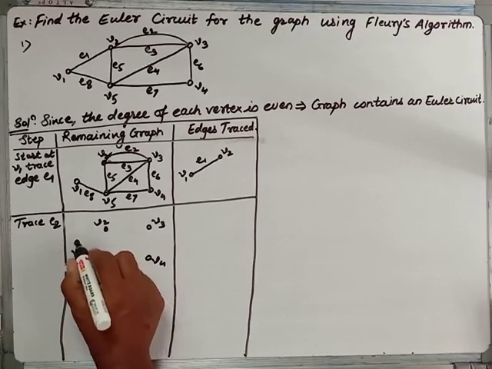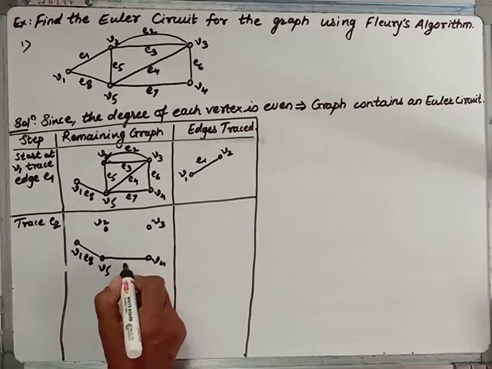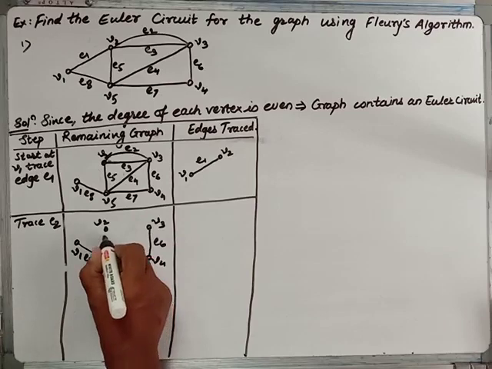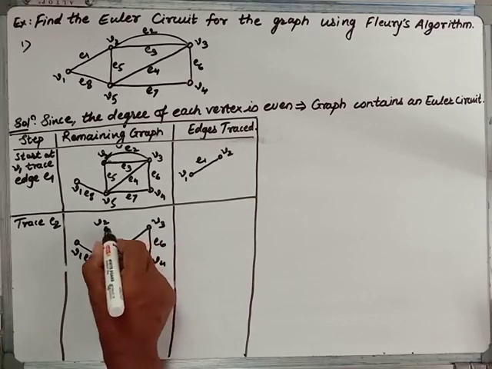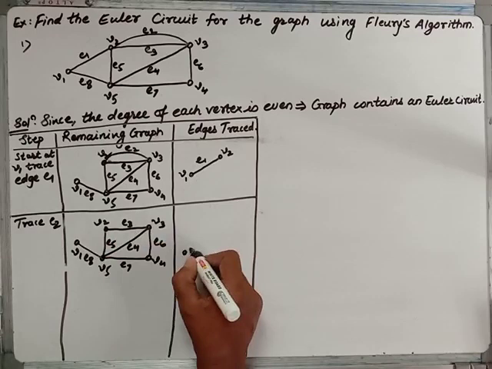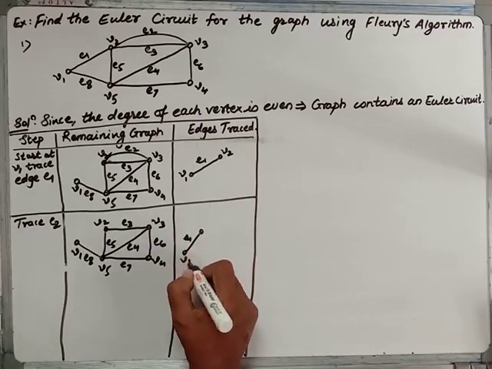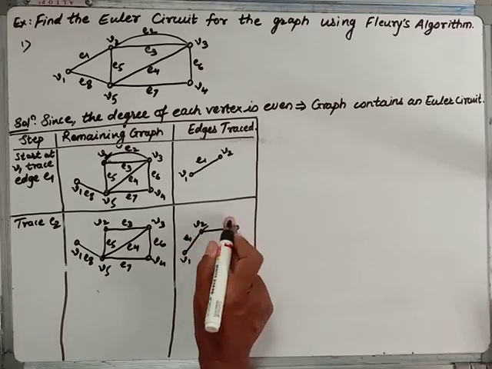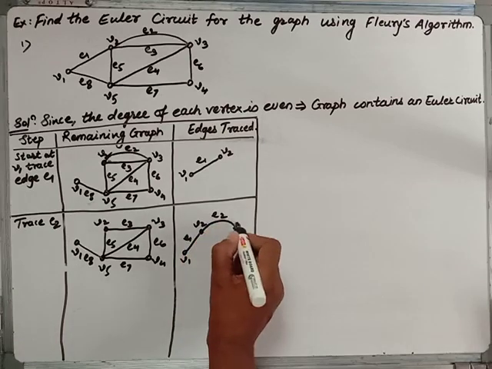This is E8, E7, E6, E3. These are left here. Traced are V1 to V2, E1, and V2 to V3, E2.